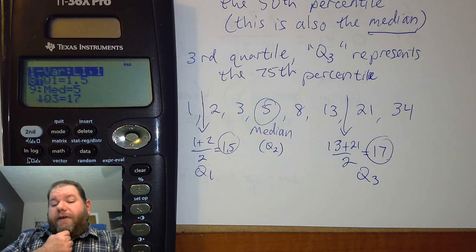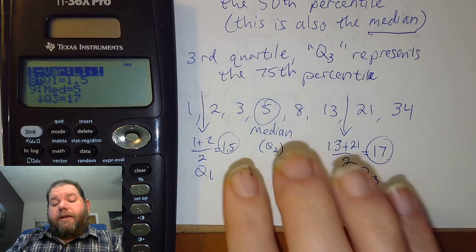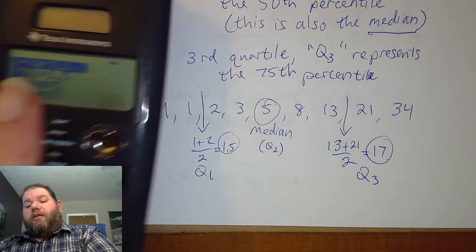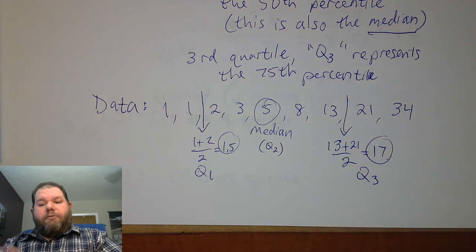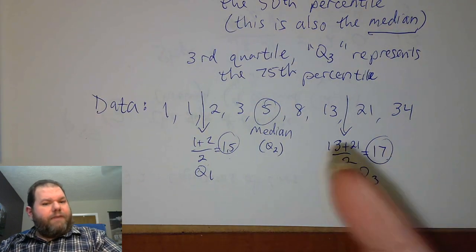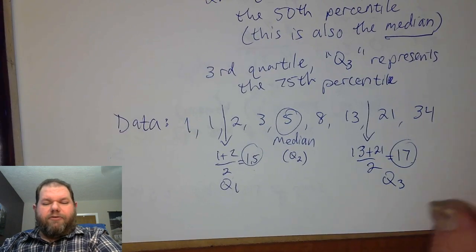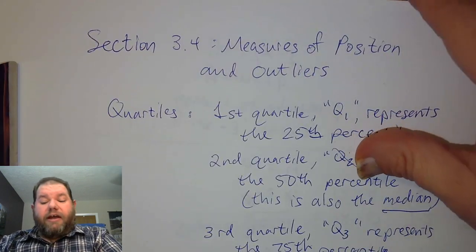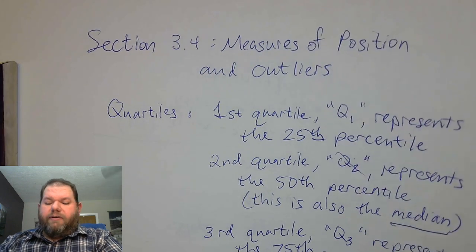Alright, so that's how we found our quartiles, both by hand and on calculator. We still need to find outliers. That was what I was trying to lead into there. So let's look at how to find outliers next.